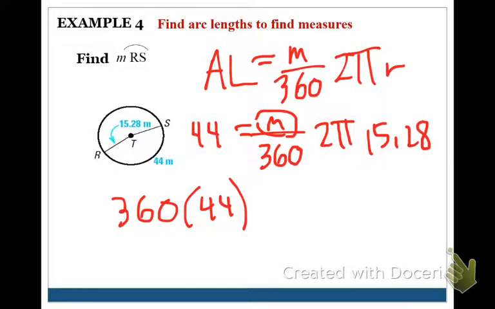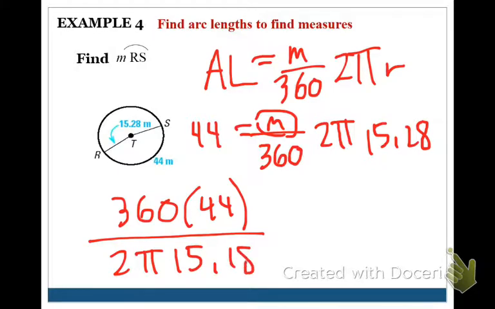So I can divide 360 times 44 by 2 pi 15.18. That equals m. All right? So calculate that. Remember, when you divide by the 2 pi 15.18, you have to put it in parentheses. Make sure you can calculate the answer here. 360 times 44 divided by the quantity 2 pi 15.18. See what you get.